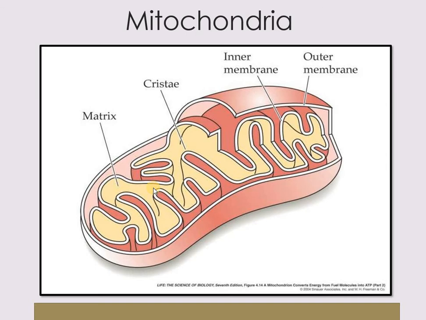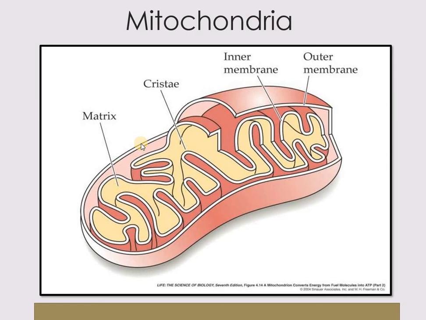The cristae are arranged in characteristic patterns in different cells, and they bear ATP generating assemblies called oxysomes or elementary particles. The two membranes of the mitochondrion are separated by a narrow space, as you can see over here, and that space is known as intermembrane space or outer chamber.